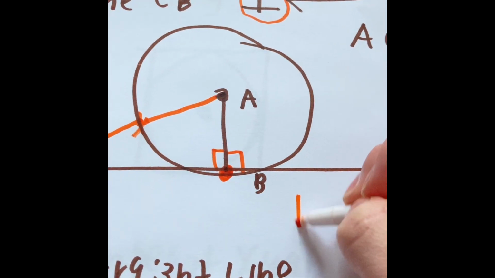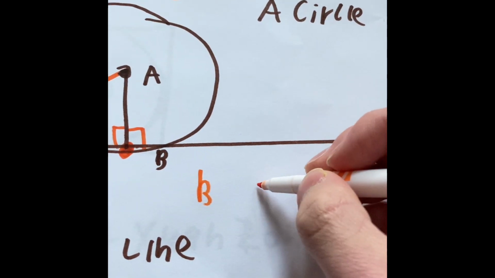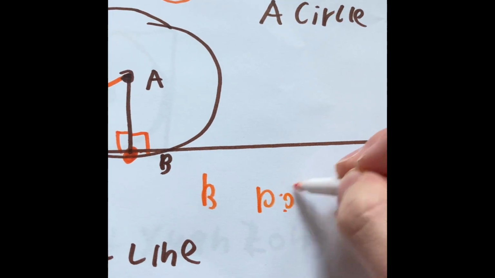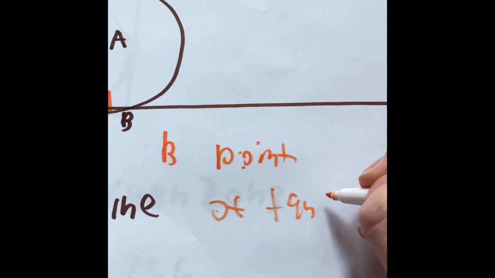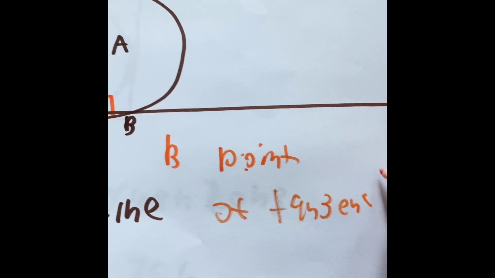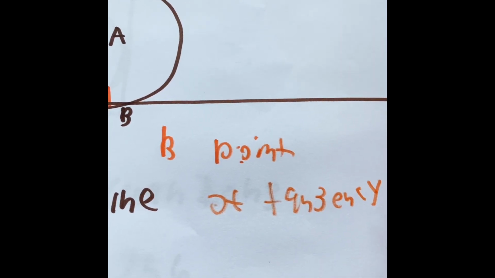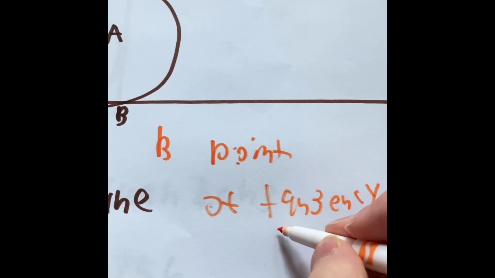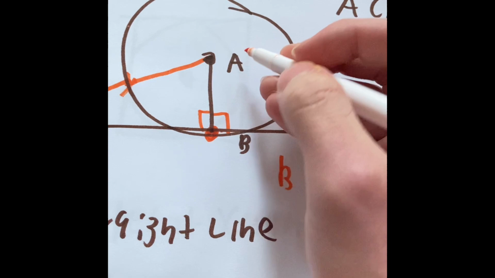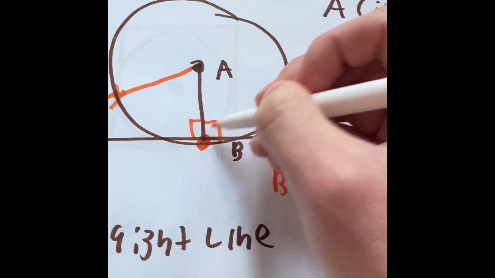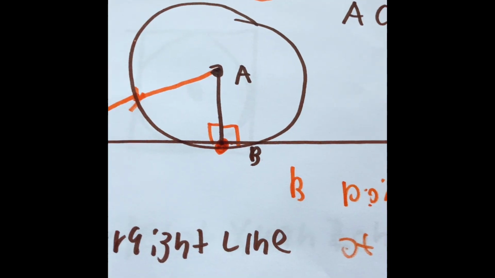And point B is also known as the point of tangency, because that's the closest point from A to B when there is a line and a circle.